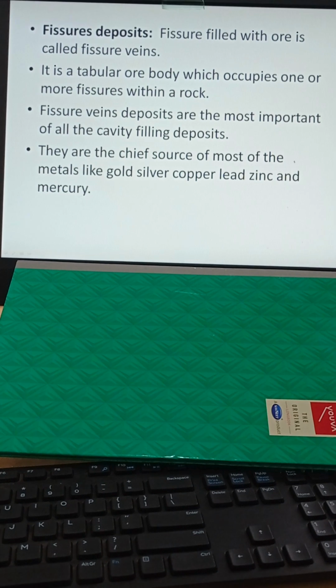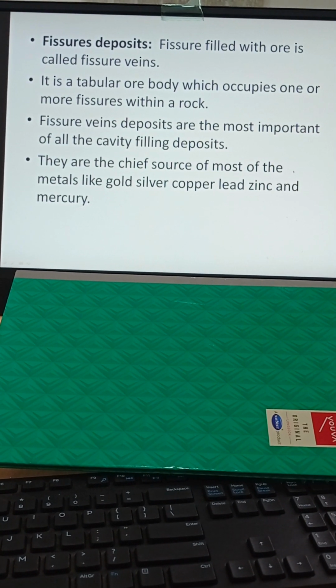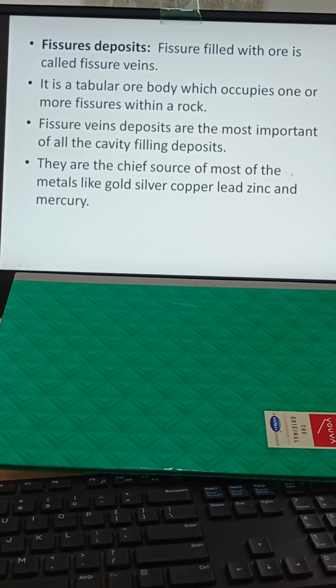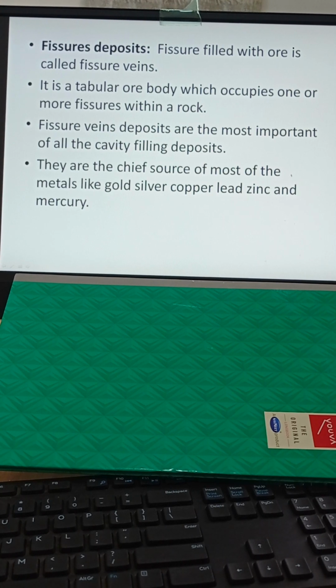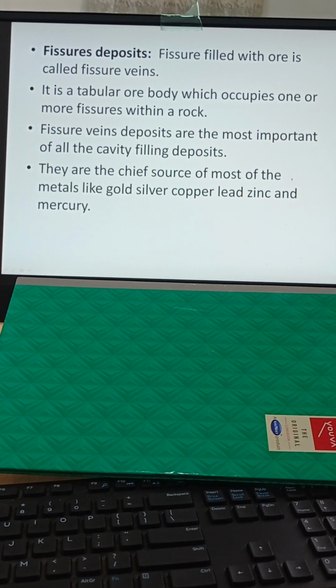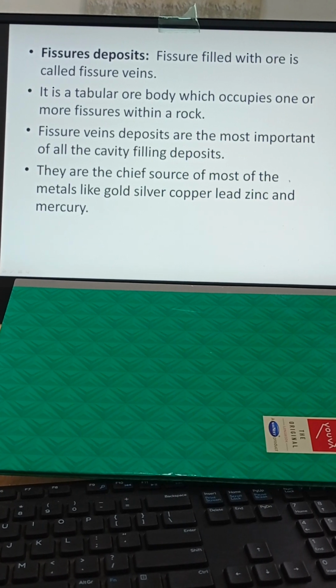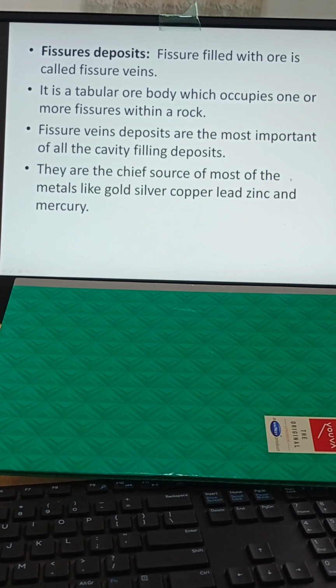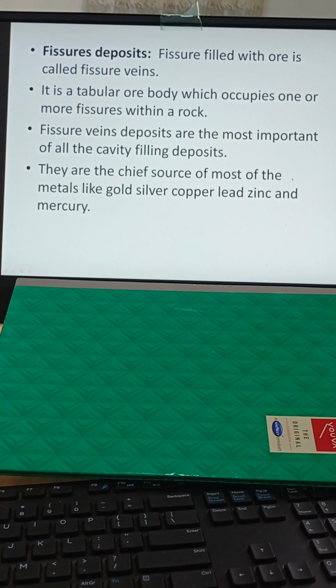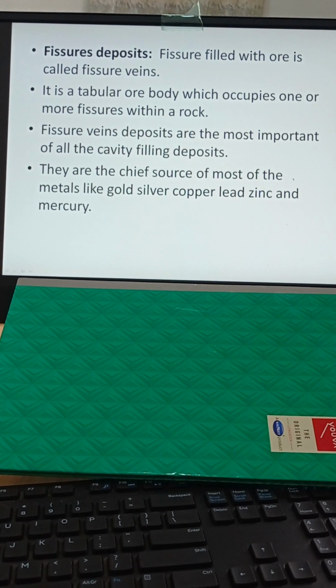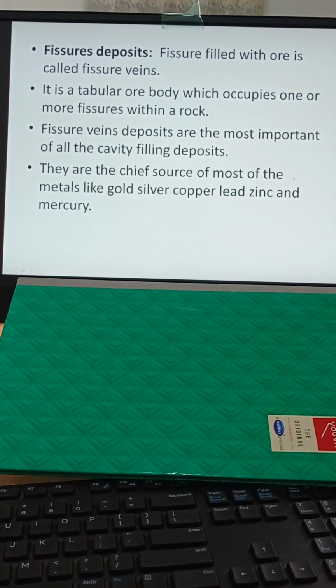Now, what are fissure deposits? When fissures are filled with ore, they are called fissure veins. It is a tabular ore body which occupies one or more fissures within a rock.